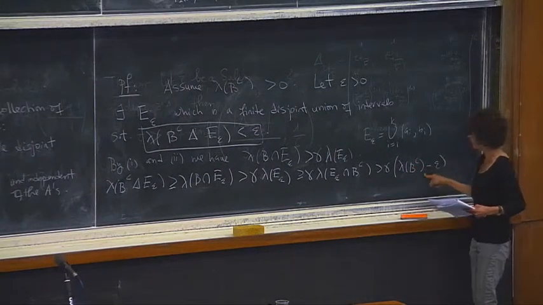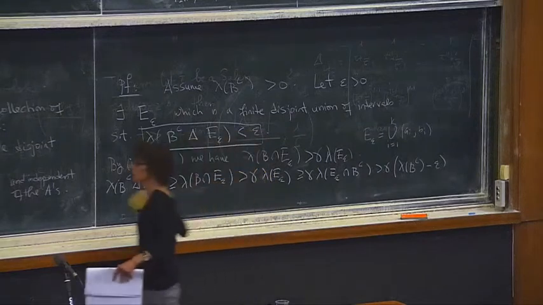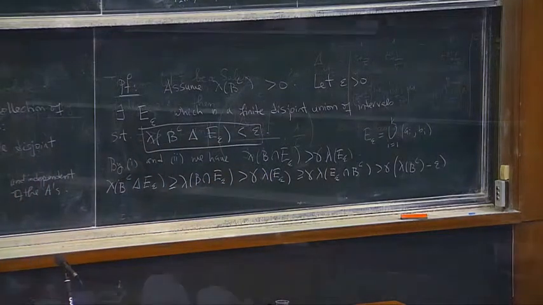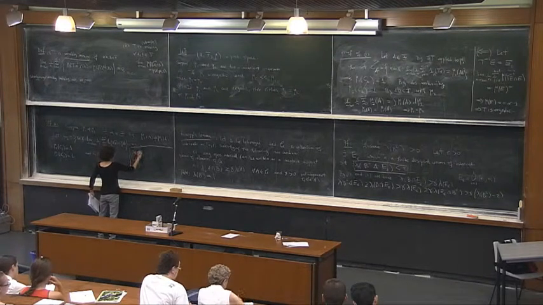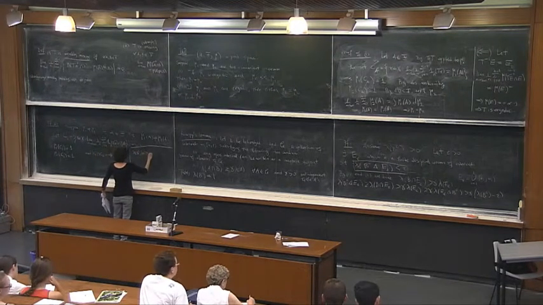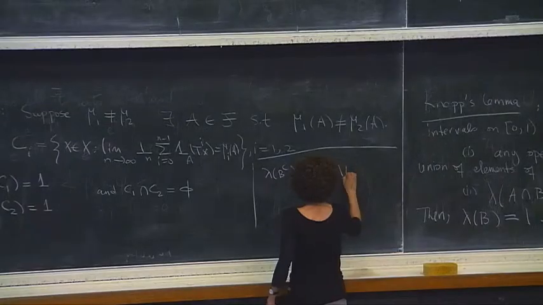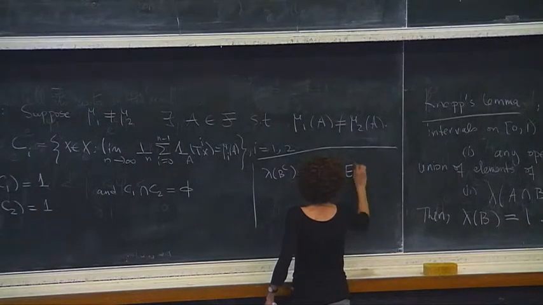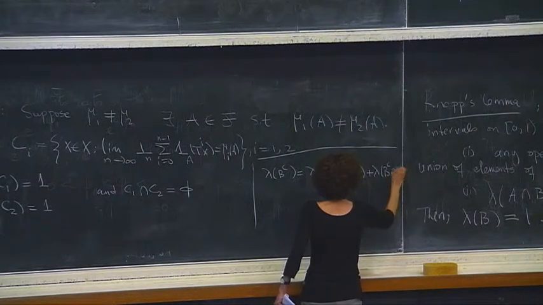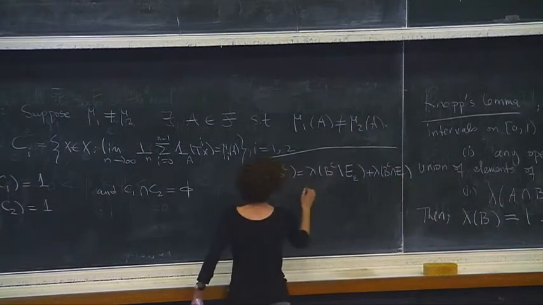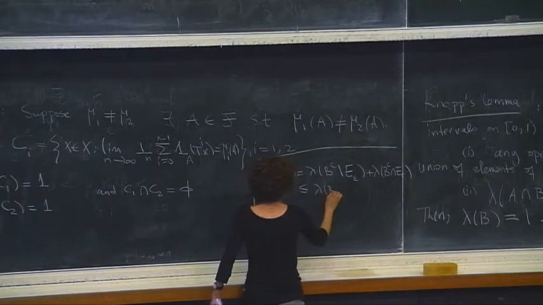Let me just say a word here; it's actually very easy. I simply write lambda of B complement as lambda of B complement minus E plus lambda of B complement intersection E, and this is less than the symmetric difference.